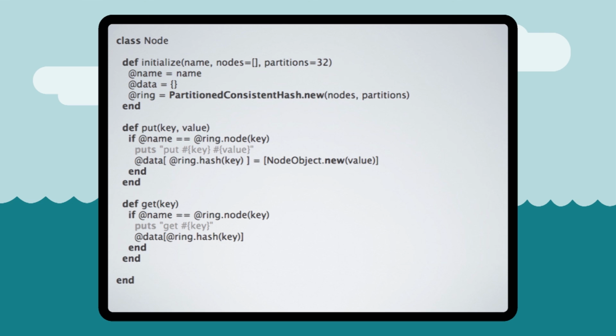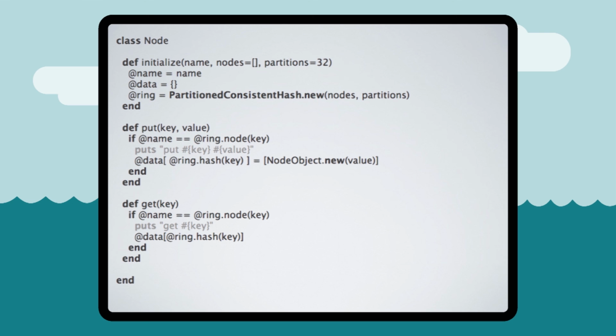Okay. And so I'm just creating a standard put and get interface where I have my node, I have my consistent hash ring, I contain my data in a hash. I gave it a name just so we can tell nodes apart. And then all I do is I use my ring and I look up the node by key and say, hey, is this you?